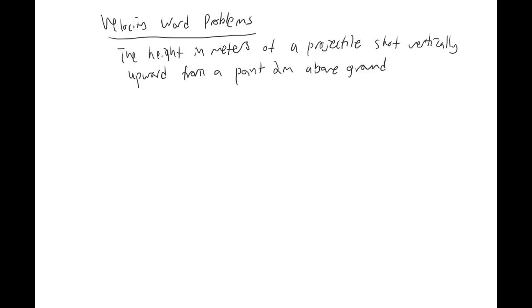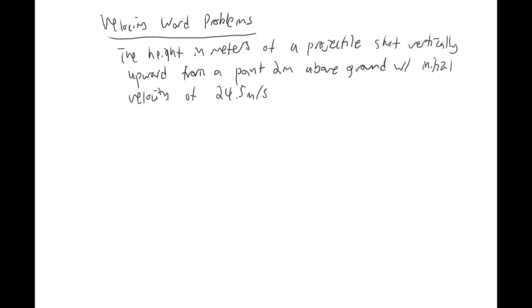Hopefully you can all read this. I'm taking this from the book. So with initial velocity of 24.5 meters per second. And I don't know if you noticed, but WebAssign just takes problems from the book and then changes the numbers.